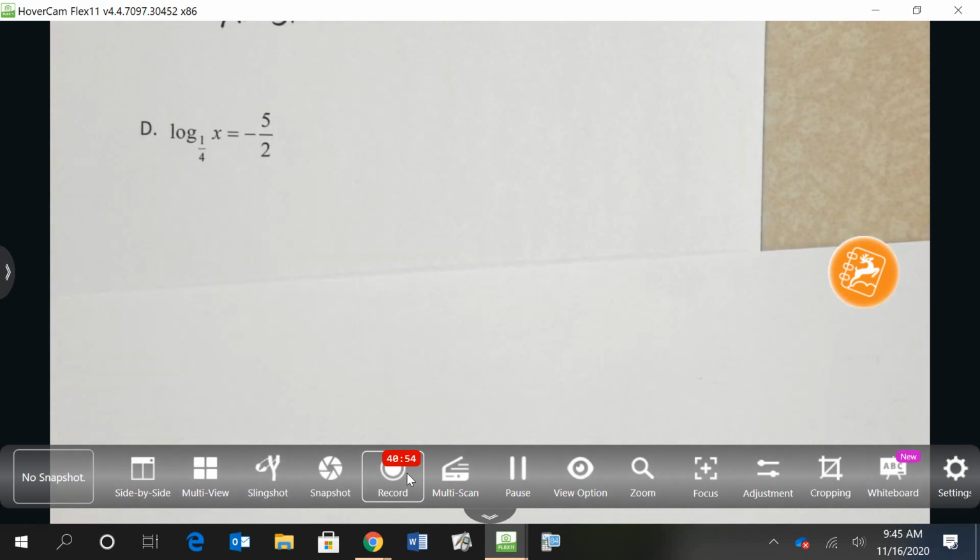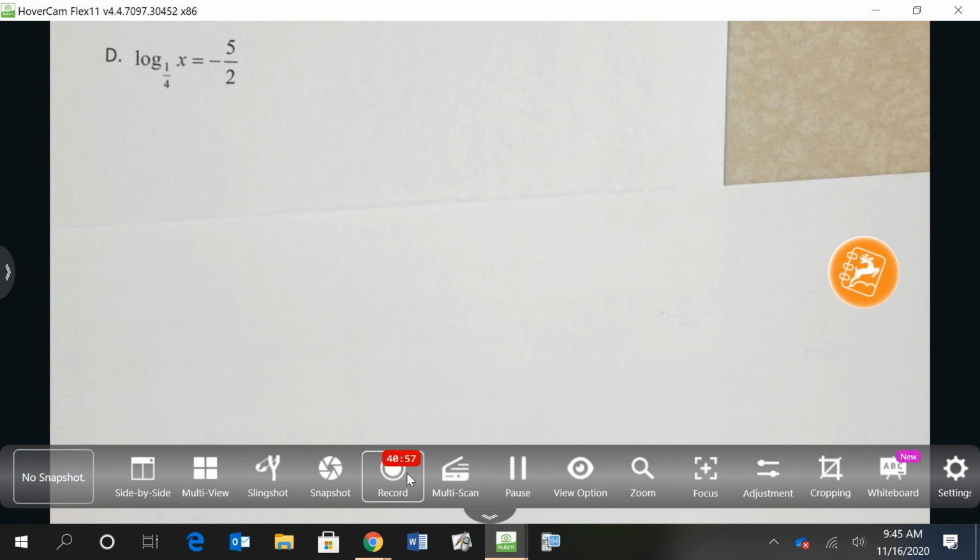All right, let's see what you can do. This is like problem number 1 that I showed you how to do. This is in logarithmic form. I'm going to give you 30 seconds to begin.